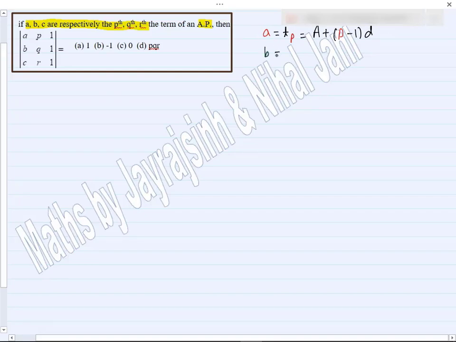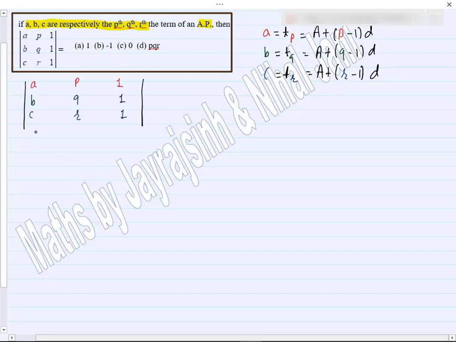Similarly, b is qth term, so we can say A plus q minus 1 d, and c is the rth term, so here we'll get A plus r minus 1 d. Then we have to find value of this determinant.